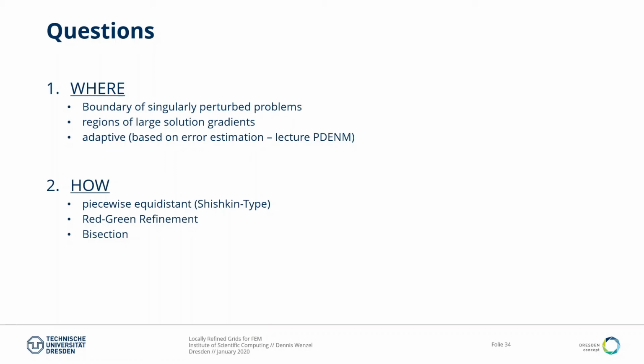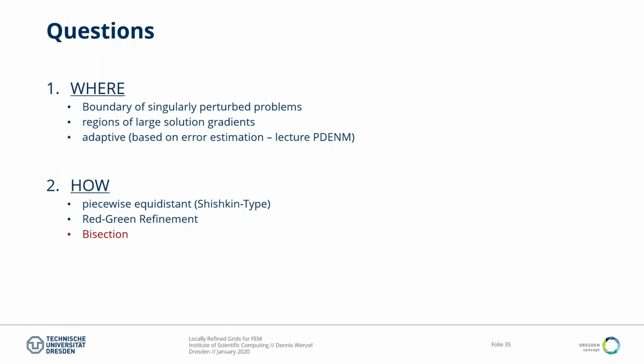But of course there are others. One famous type of refinement is the so-called red-green refinement. I will give you a short idea of what this means later on. But what's important here in our lecture is the bisection method. And that's what we're going to do today. So we talk about how bisection works when you want to refine grids.